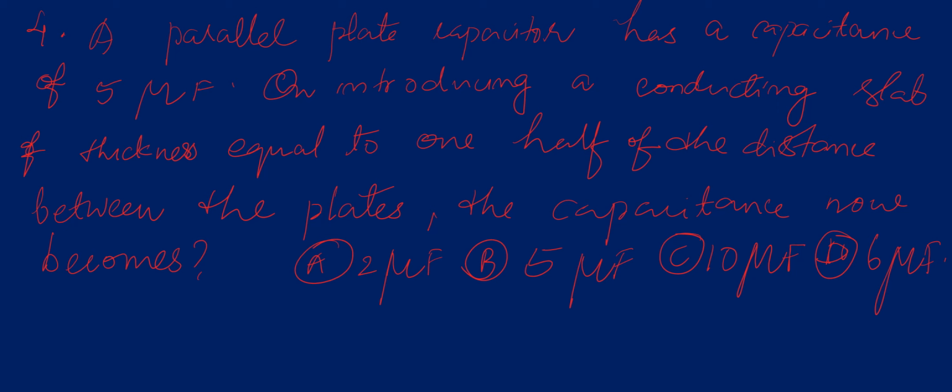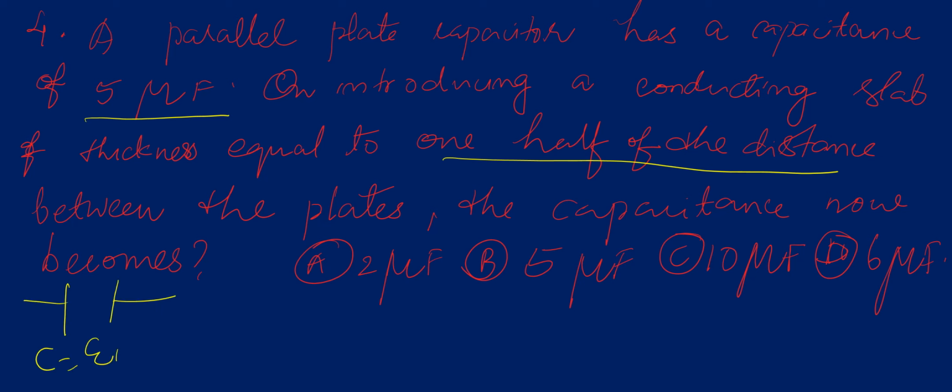A parallel plate capacitor has a capacitance of 5 microfarad. On introducing a conducting slab of thickness equal to 1/2 of the distance between the plates, the capacitance now becomes. For a parallel plate capacitor, the capacitance is epsilon 0 A by D and its value is given as 5 microfarad, where D is the distance between the plates and A is the area of the plate.